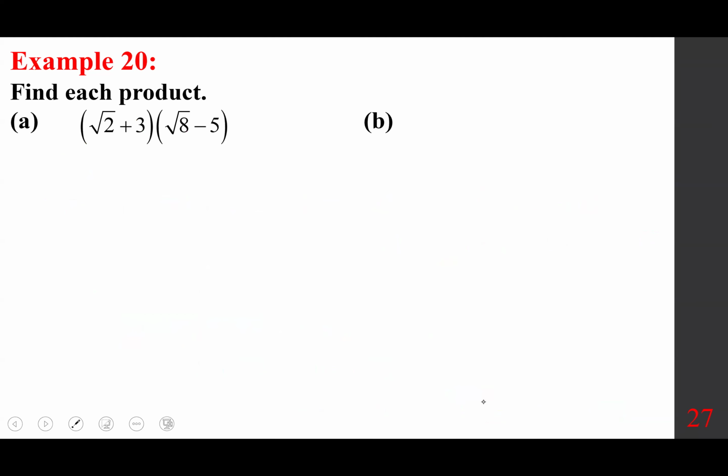Rather, just do the foiling. Multiply these two, square root of 2 times square root of 8, square root of 2 times negative 5, or negative square root of 2 times 5, 3 times square root of 8, and 3 times negative 5. These two give square root of 16, this one minus 5 square root of 2, plus 3 square root of 8.